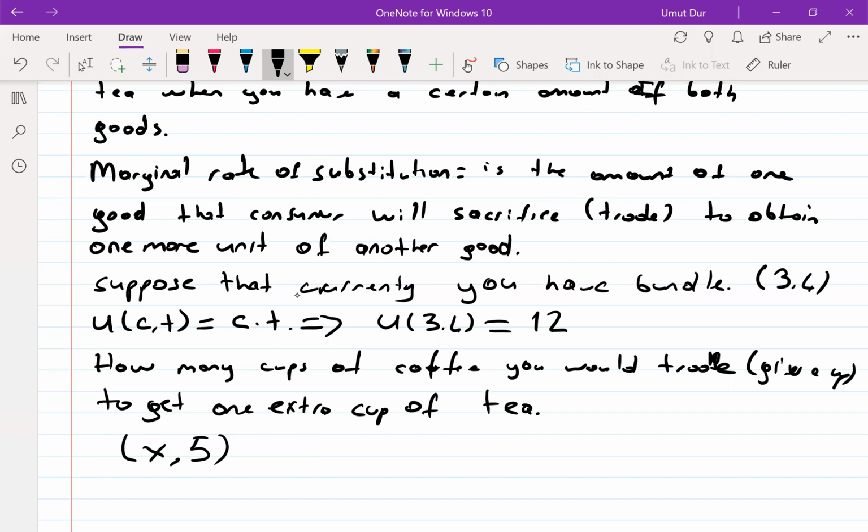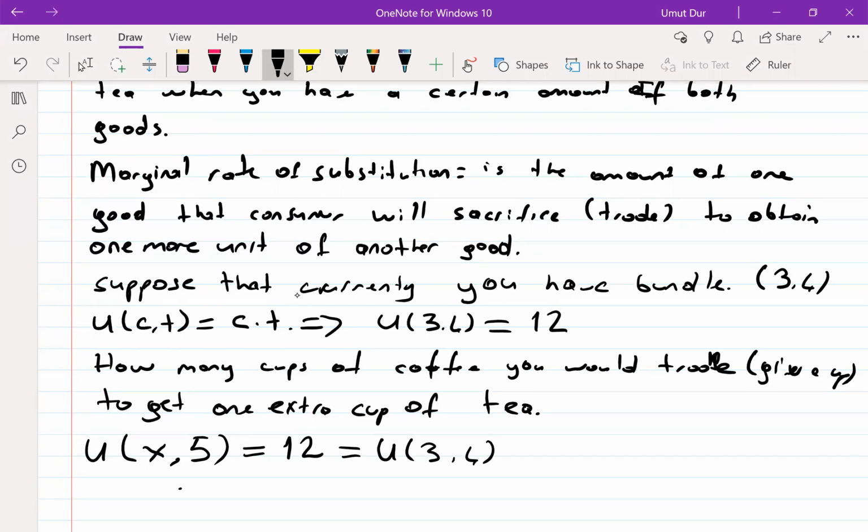Since this is a give up, you would like to achieve the same level of utility. If you are achieving a lower utility, then you don't want to give up. So this will give us a utility of 12, which is equal to the utility of 3 and 4.